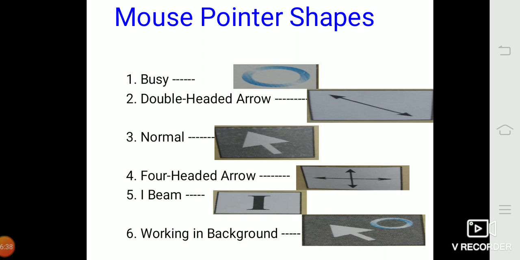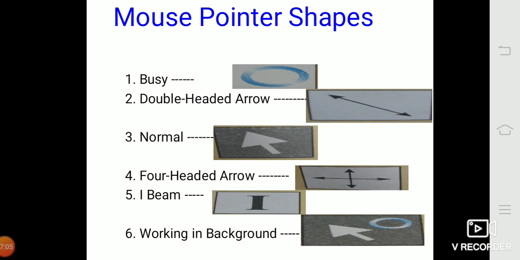Number 4, four-headed arrow for moving pictures and toolbars. Next is I-beam for inserting text in the document. Number 6, working in background. It means that computer is processing while you are working. The shape of the mouse pointer changes according to the actions we perform.